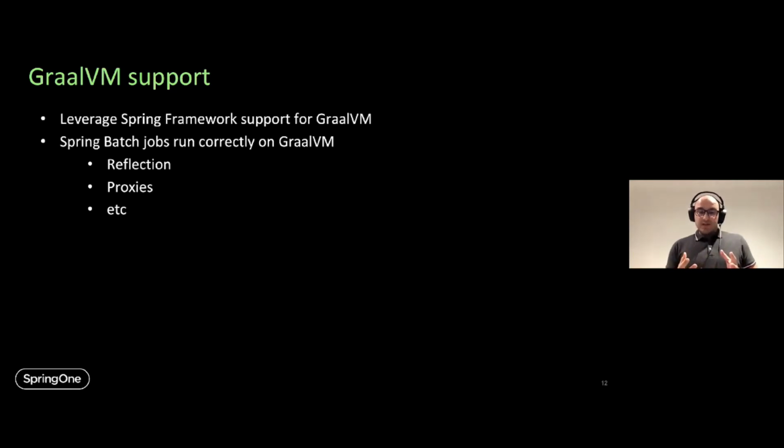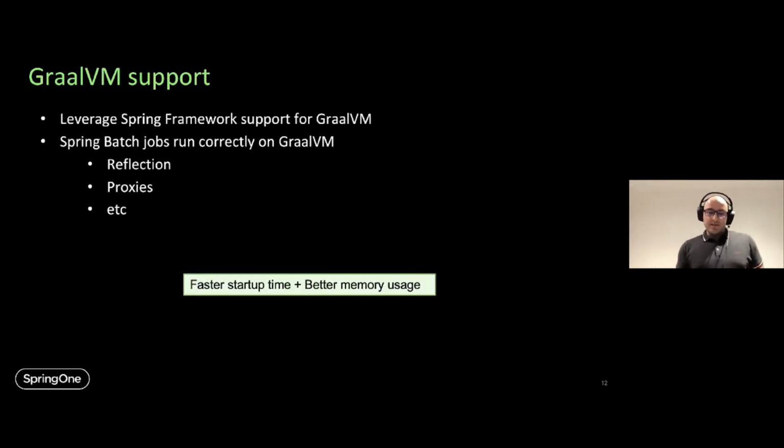But there are some code changes we need to make in Spring Batch itself, typically regarding reflection, proxying, batch artifacts, etc. And in this release, we implemented those changes, and now you can run Spring Batch applications on GraalVM. However, this is still experimental, so we encourage everyone to give the next RC, which will contain these changes, a try and share feedback with us so we can improve the support. And this should give us faster startup times and better memory usage.